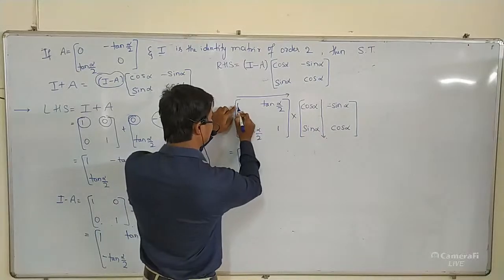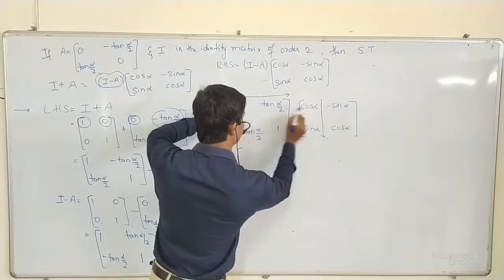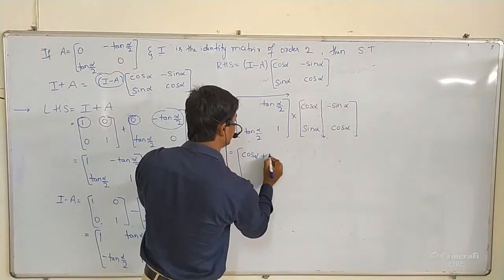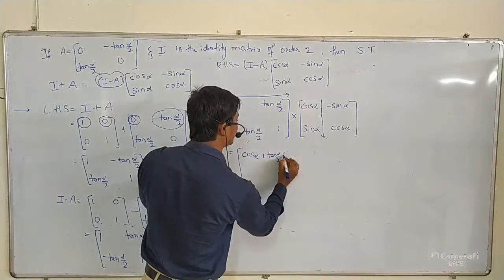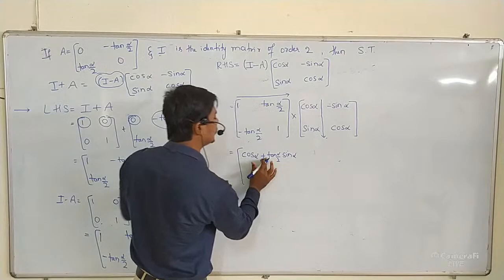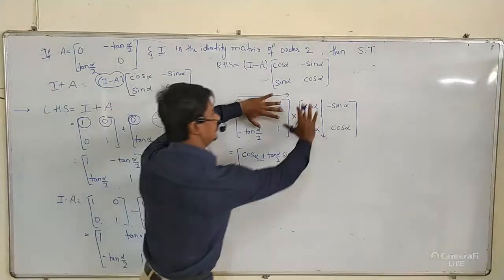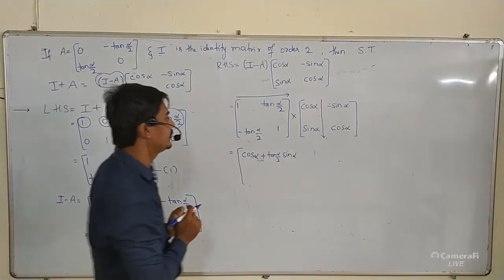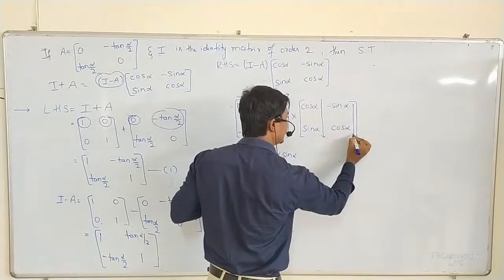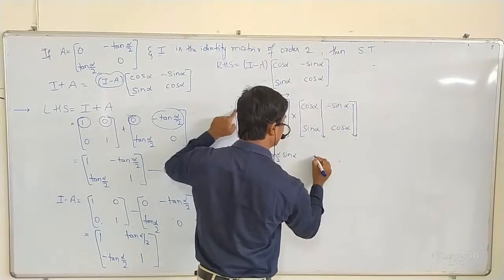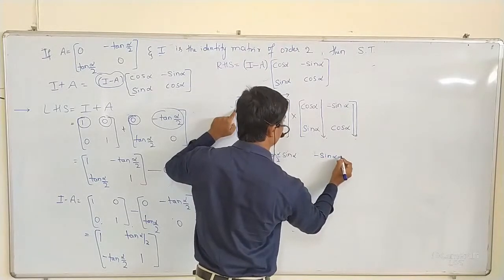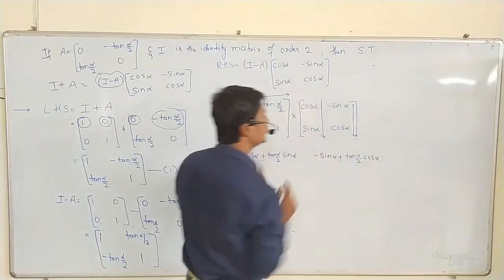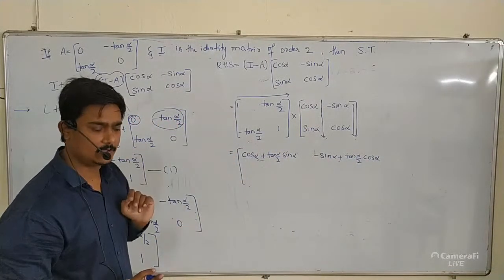So what do we get? First row, first column. 1 into cos alpha, tan alpha by 2 into sin alpha. We must add the products, so I use plus sign. First row, first column. Corresponding elements are multiplied and added. Products are added. Next. First row, second column. 1 into minus sin alpha is minus sin alpha plus tan alpha by 2 into cos alpha. Next.